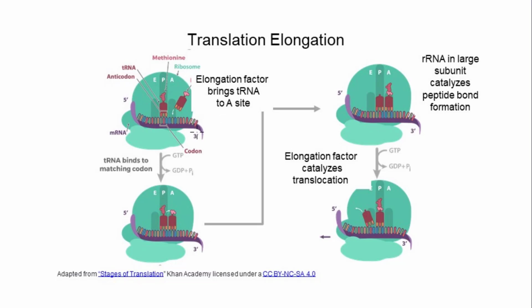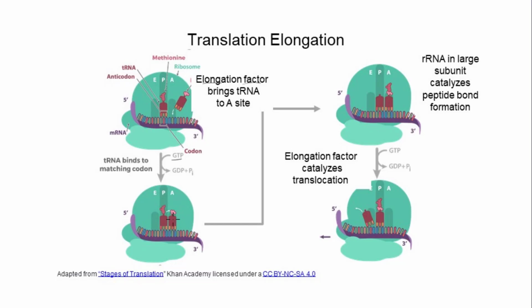Just as we saw with initiation, elongation requires the participation of additional proteins called elongation factors. An elongation factor is responsible for chaperoning the correct tRNA to the A site, and dropping off that tRNA is an energy-requiring process. 1 GTP is used per tRNA.